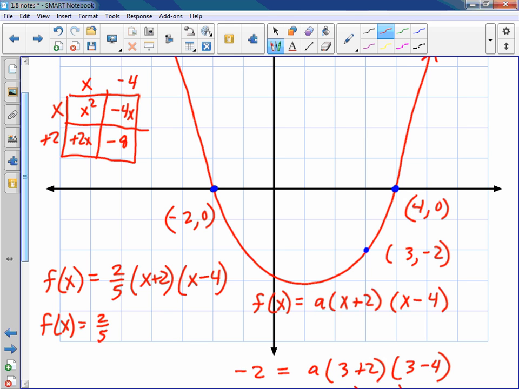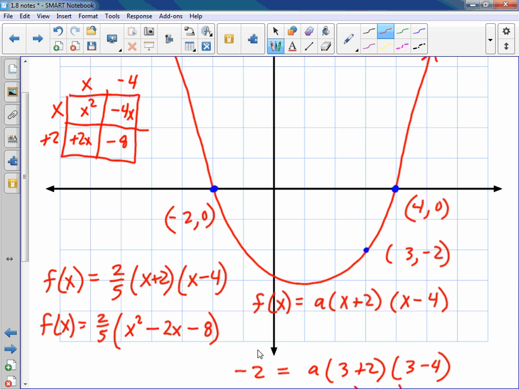So that would give us 2/5, we have to multiply that and distribute it later, times x squared minus 2x minus 8. Notice I took the negative 4x and the positive 2x and put them together, and I got minus 2x minus 8.